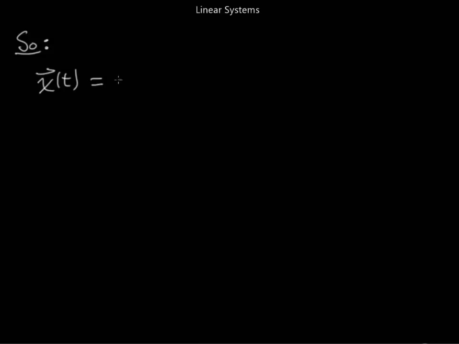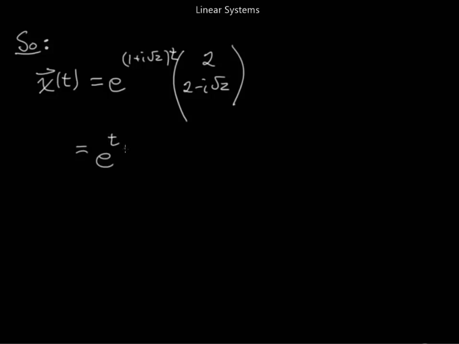So my solution is e to the what? This complex number, 1 plus i radical 2, times t, times this vector, which has an i in it. I'll pull the e to the t out and expand the i part as cosine plus i sine as usual.